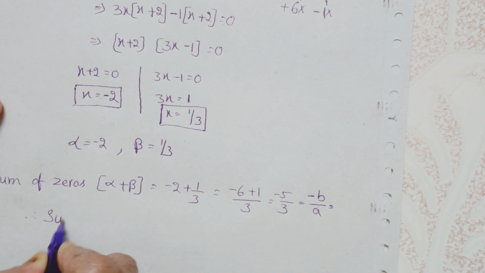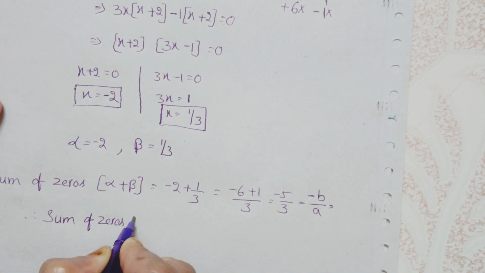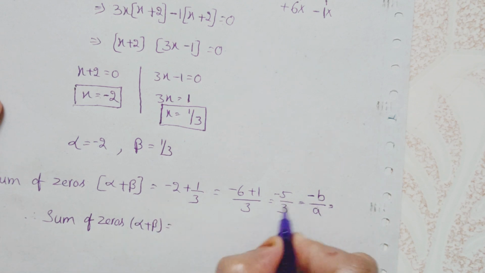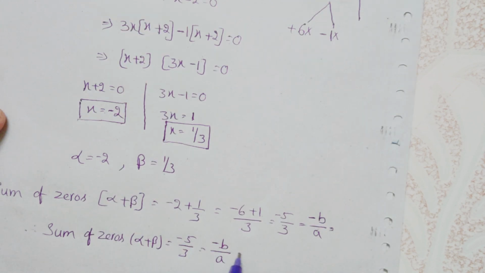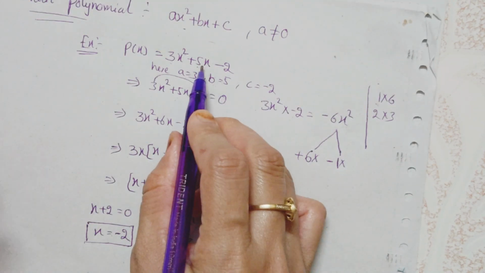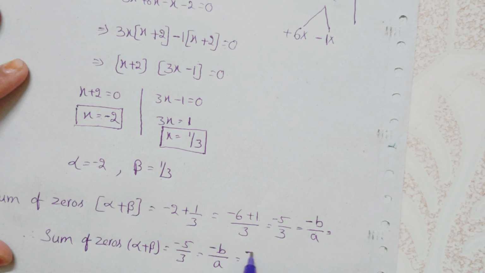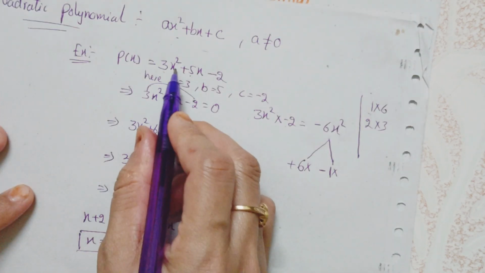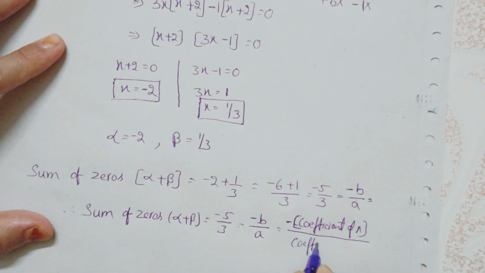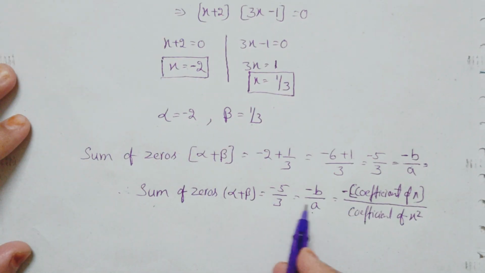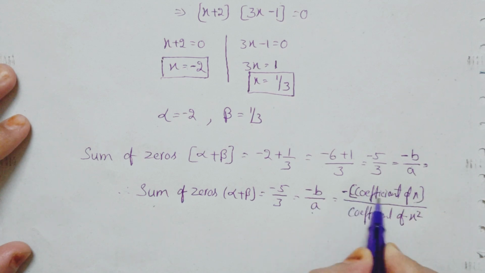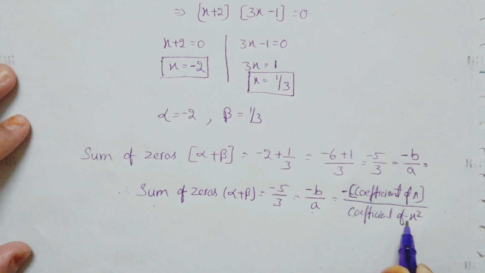Therefore the sum of zeros, alpha + beta, which is −5/3, is −b/a. Therefore the sum of zeros is −b/a, which means minus the coefficient of x divided by the coefficient of x².